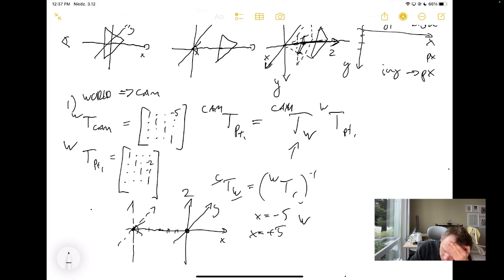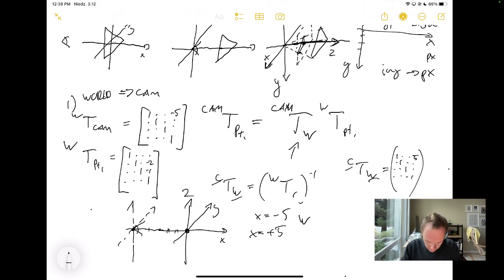So what I expect to get is that world in camera is 0, 0, +5.